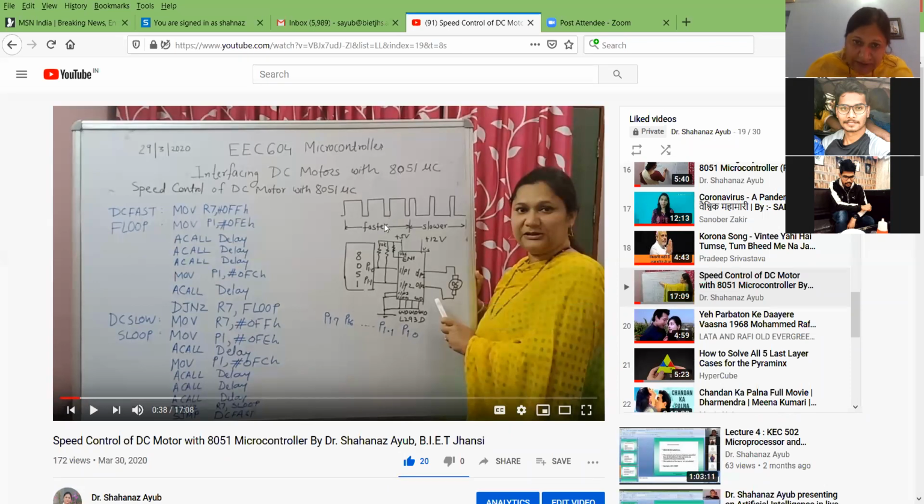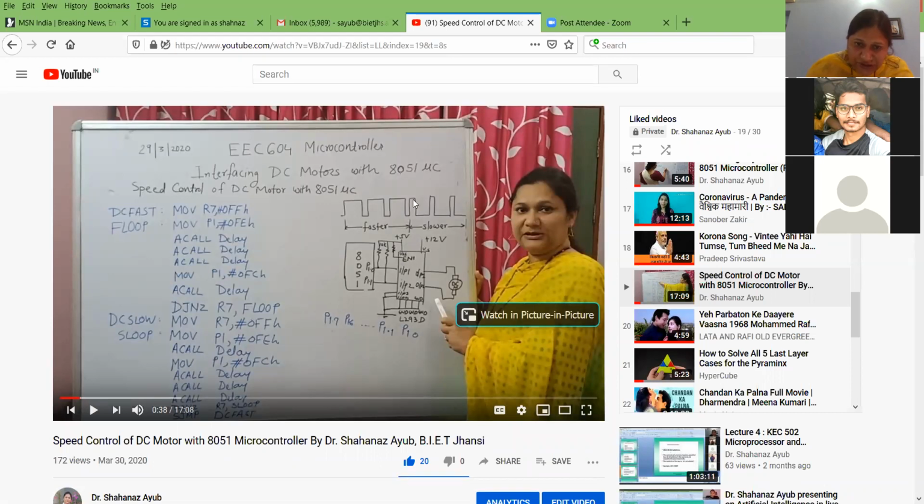So suppose if you continue this pattern for a certain duration, then it will move faster because it is getting more positive supply for more time. But similarly, if you want to run it at slower speed, then you have to give the positive supply for a smaller duration.